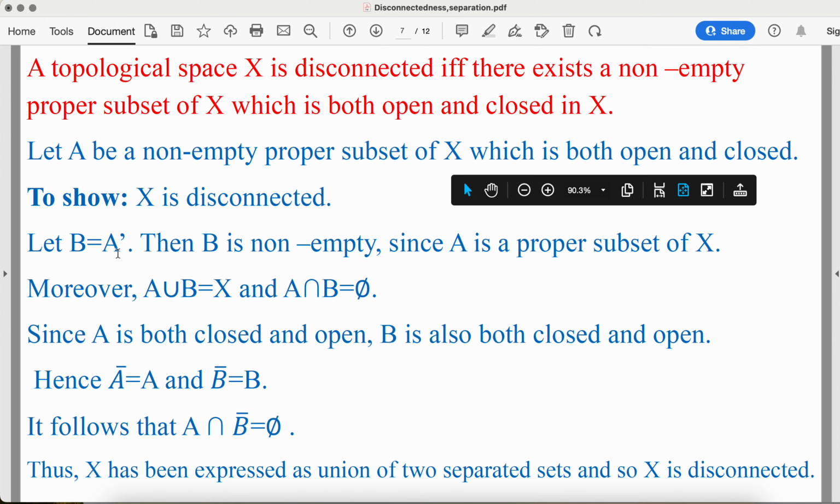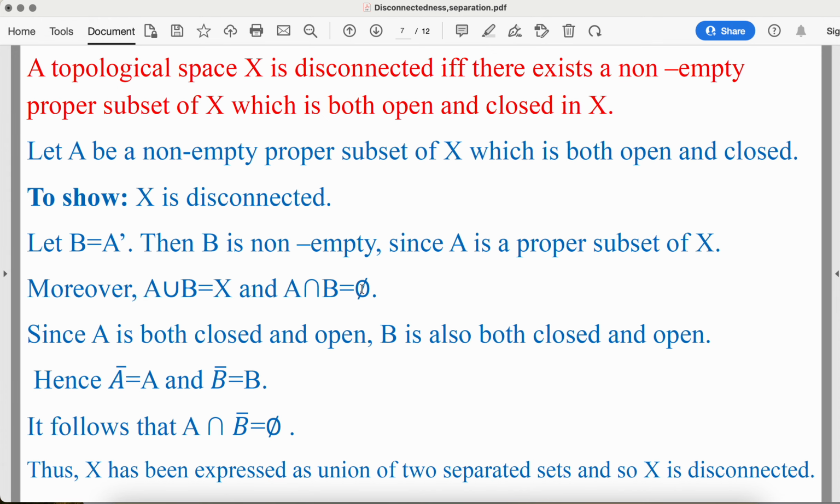Suppose B is equal to A complement. Then B is non-empty because A is a proper subset of X. Also A ∪ B is equal to X and A ∩ B is equal to phi.